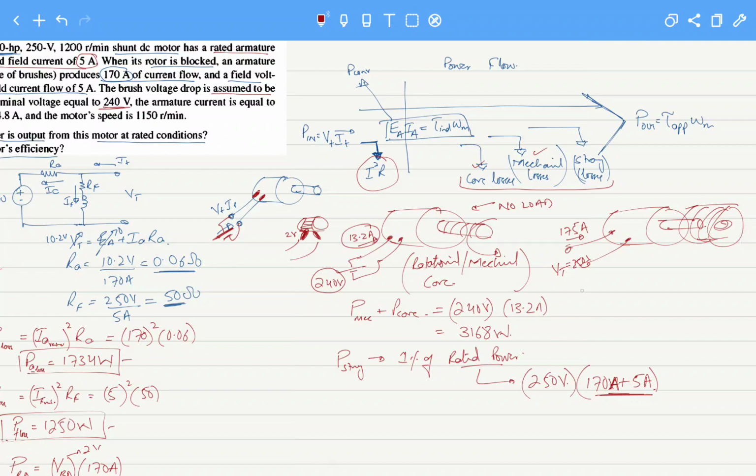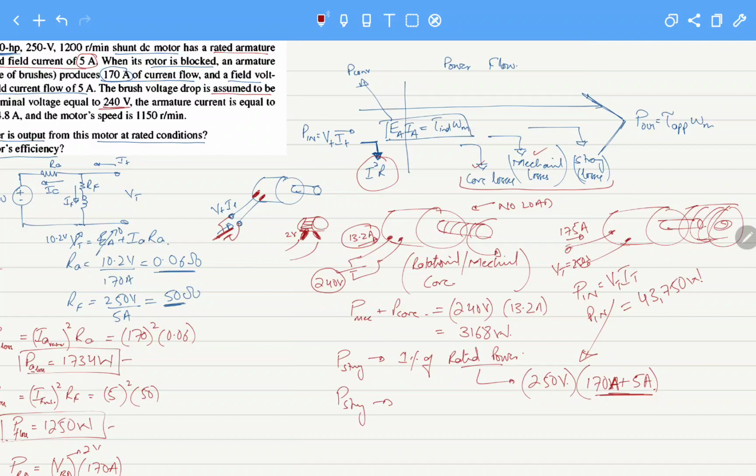So the input power P input to the machine is Vt times It, 250 times 175. This is the rated power and it is equal to 43,750 watts.